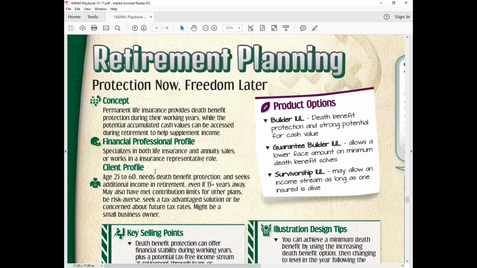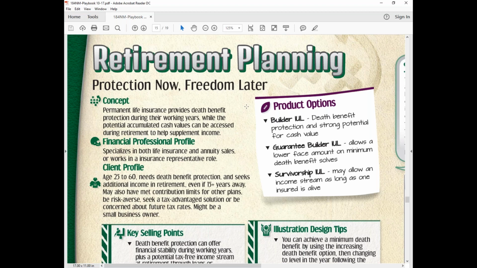They need death benefit protection, and they want to seek additional income in retirement. We've talked about how the Builder Plus, or how IUL, can really help them with this, because they can have that tax advantage potential with loans in the future. So in the client profile, we make sure that you see exactly who would be a perfect fit for this retirement planning concept.